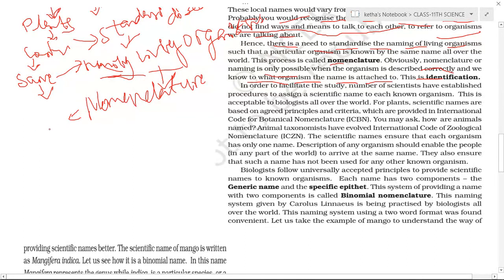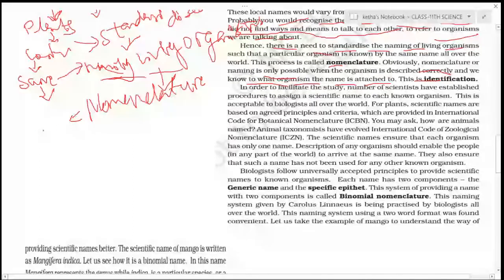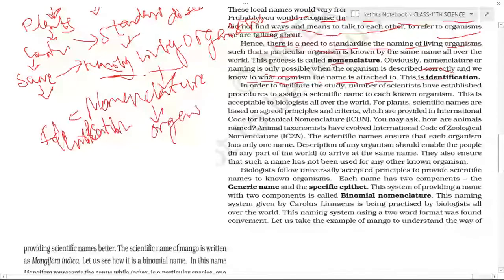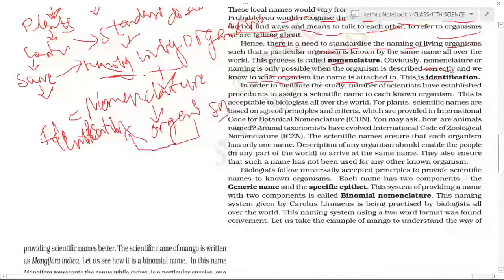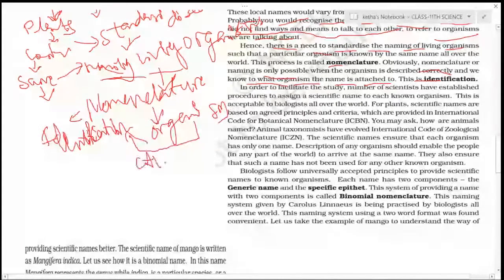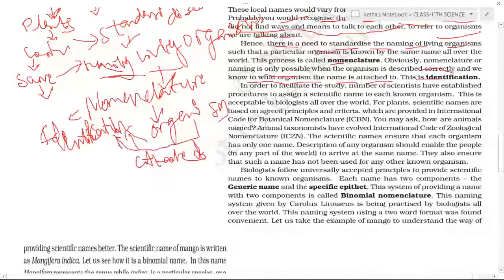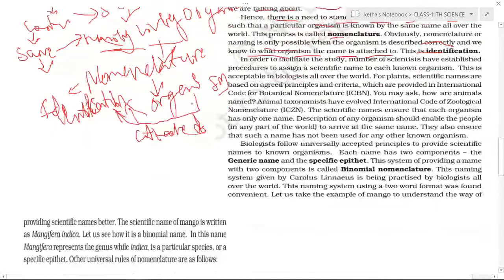Under this nomenclature, the particular organism must be attached correctly. That we will be calling identification.